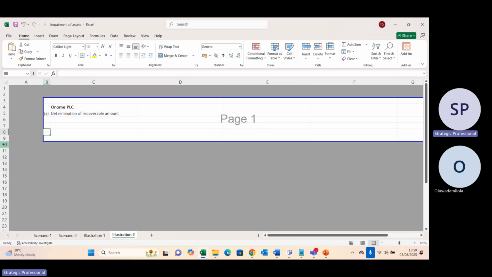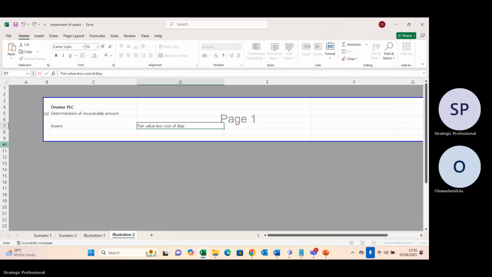So what we are going to do is, let me do it like this so that you understand. Fair value less cost of disposal, value in use, recoverable amount.